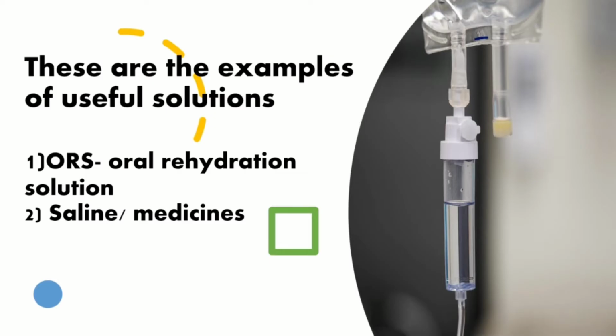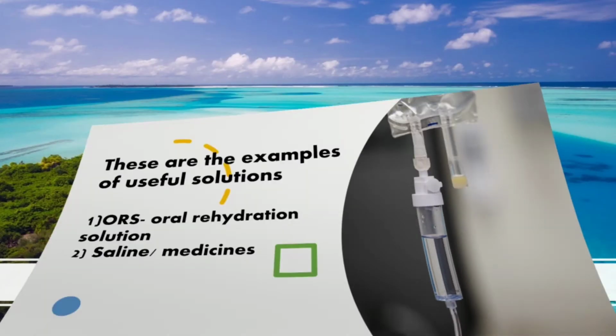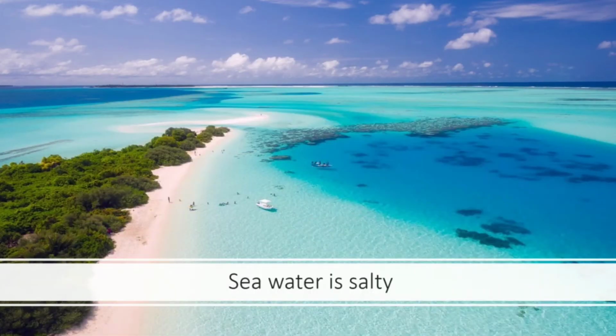Now children, do you know the sea water is salty to taste? What do you think? How is it salty? It's a big question mark. Has somebody put salt and stirred it in the water?